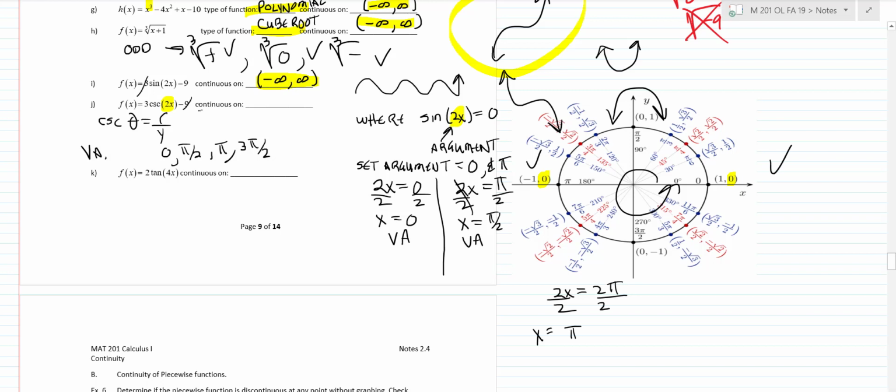So again, I think the best way to write this is to say we're discontinuous at x equals k pi over 2, and this time k is an integer.